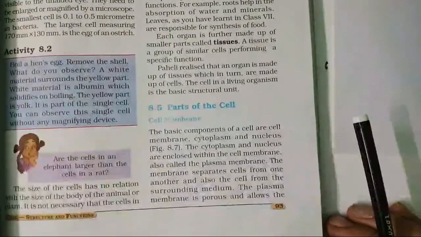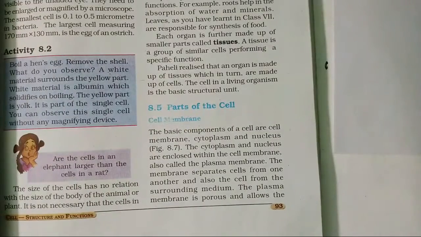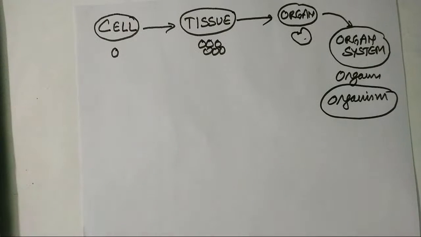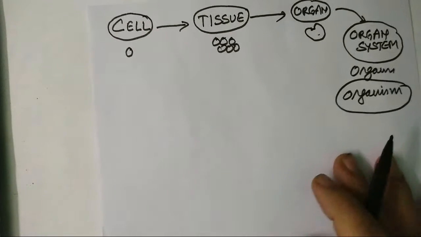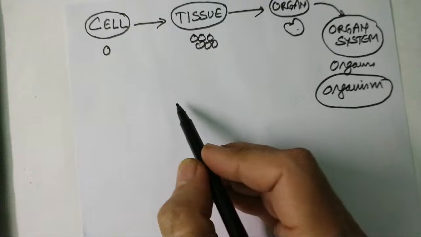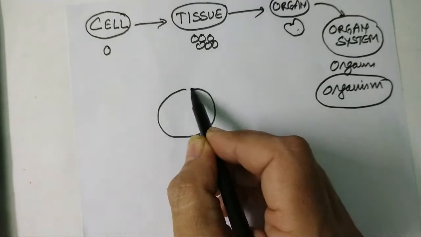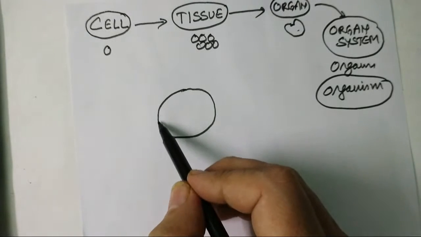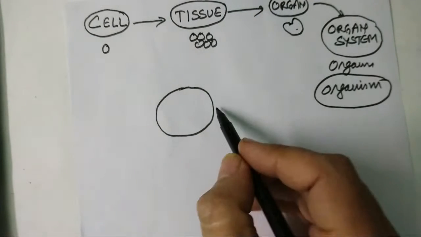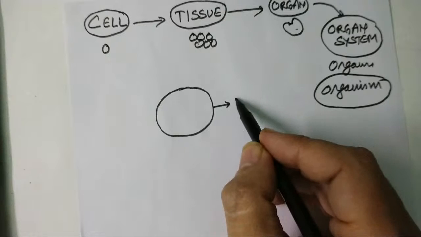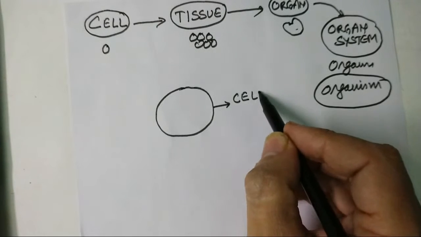Now what are the parts of a cell? This we will understand from a diagram. If you study a cell, this is a simple diagram. If I assume that this is a cell, then this cell is made up of a boundary. This boundary is called the cell membrane.